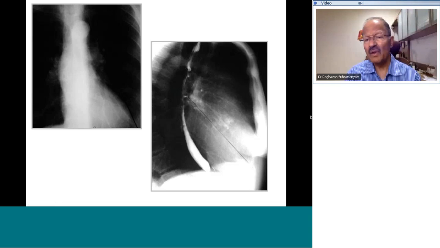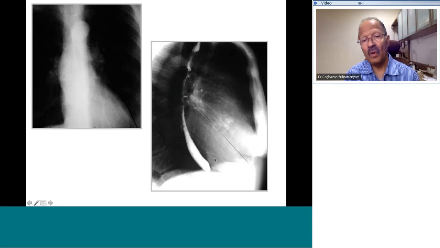But a lateral view is useful to diagnose right ventricular hypertrophy because in the normal heart there is a clear retrosternal space, and the normal right ventricle appears as the contour in the anterior part of the cardiac silhouette here. You see, it's separated from the sternum by a very clear space. This retrosternal space gets filled up whenever the right ventricle is enlarged. And therefore, a lateral X-ray is one of the easy ways of diagnosing right ventricular hypertrophy.